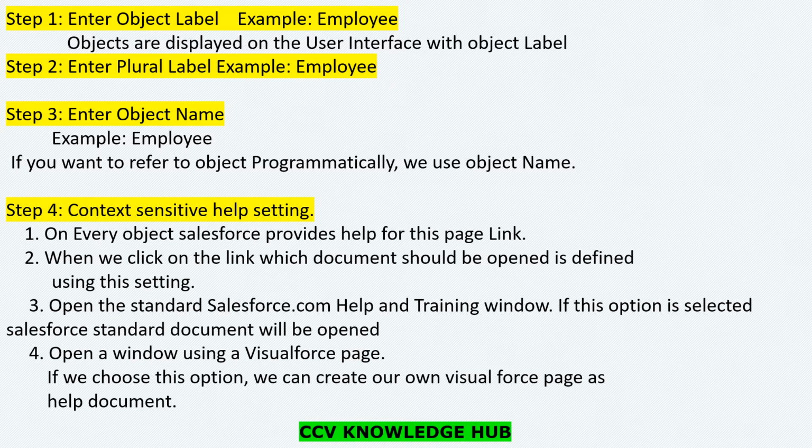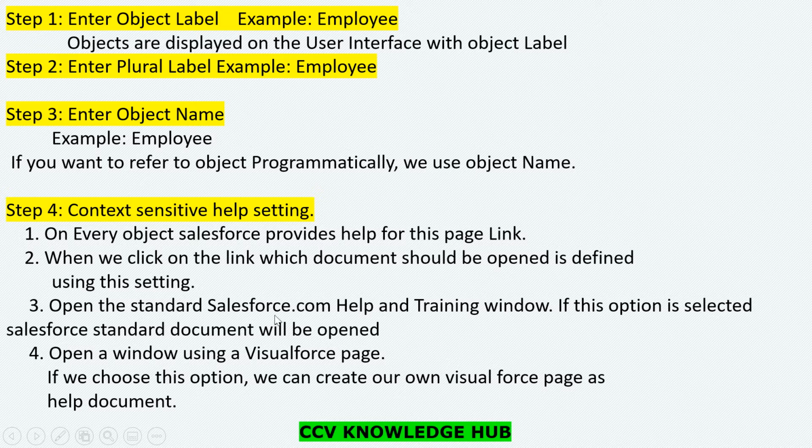Fourth step is context sensitive help settings. On every object, Salesforce provides help for that particular page. When we click on this link, which document should be opened is defined using these settings. While creating the object only, you need to decide all these options.